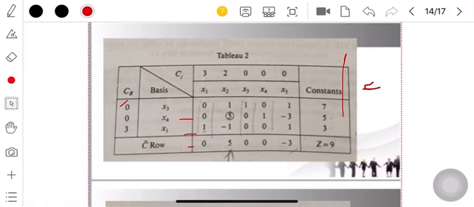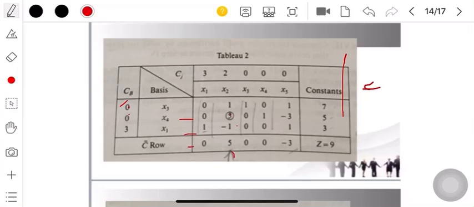Okay, now again check the optimality. How to check the optimality? 0 into 0, 0 into 0, 1 is to 3, 3. So 3 minus 3 is 0. Then 1 into 0, 5 into 0, minus 3. Okay, so 2 minus 3, minus plus 3, it becomes 5.